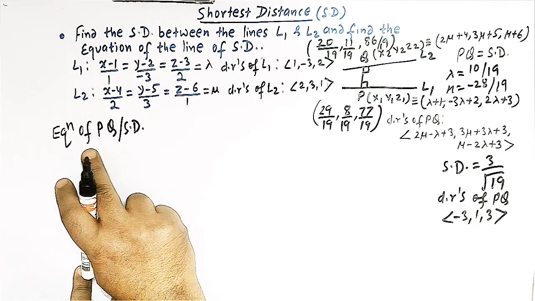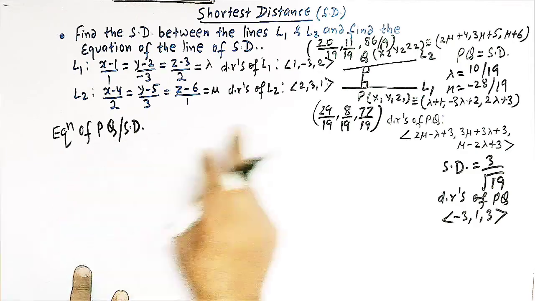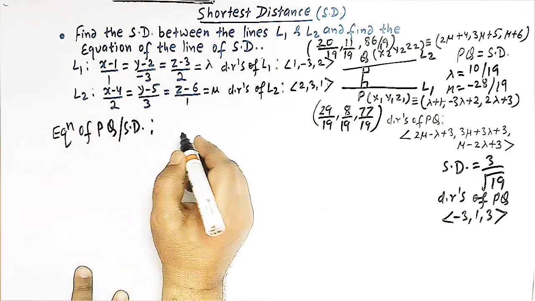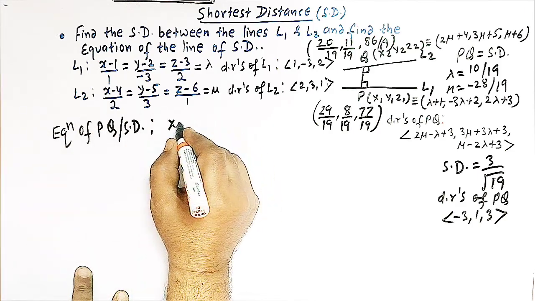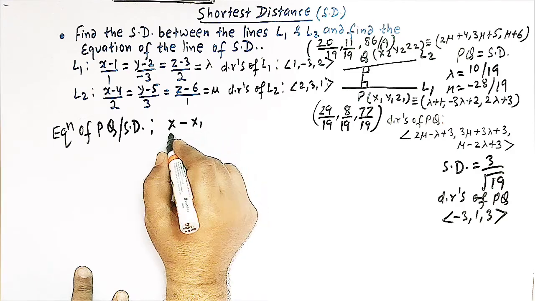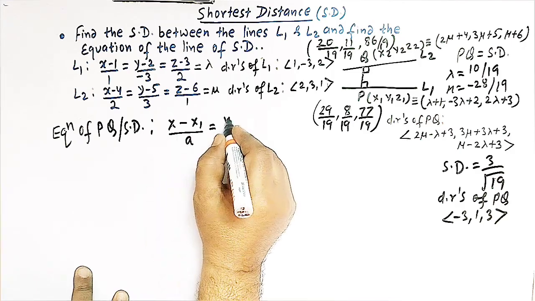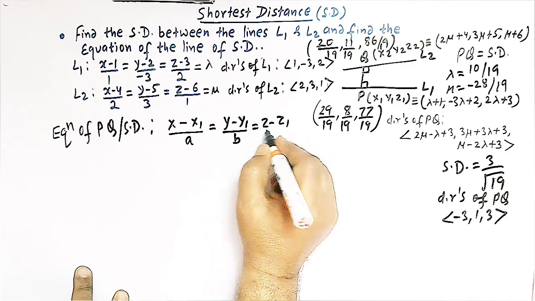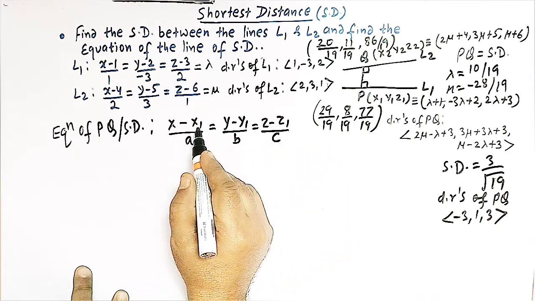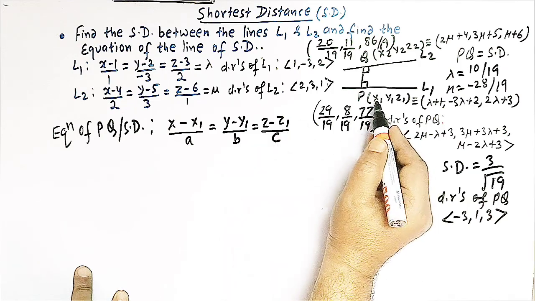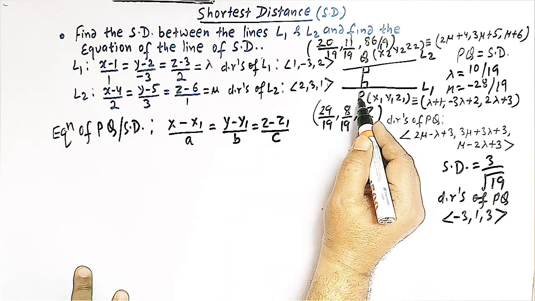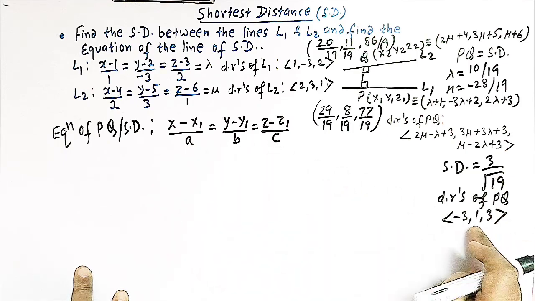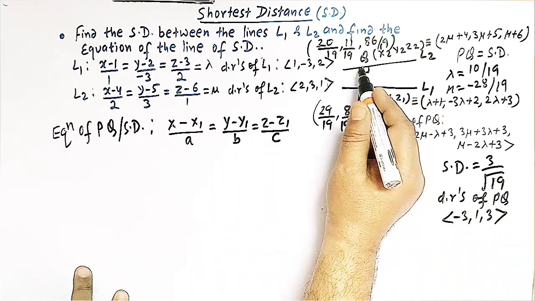So now the next step is to get the equation of PQ, or the line of shortest distance, in symmetric form, and we can write the equation as x minus x1 over a, y minus y1 over b, and z minus z1 over c, where x1, y1, z1 is this point, that is the point P, and a, b, c are the direction ratios of PQ.